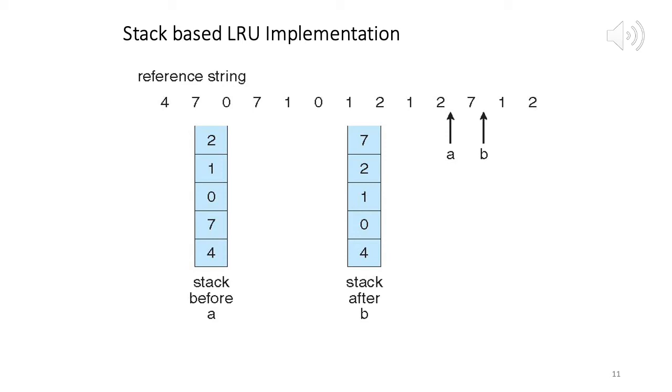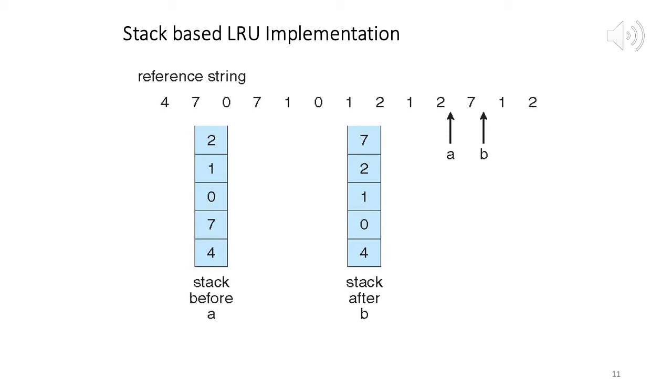You can see it corresponds to one of the stages in the previous slide. The 2 has just been referenced, so it's at the top, and after that we reference 7 at point B. Once we reference 7, page 7 needs to be at the top of the stack, and the rest of the elements have to be rearranged.